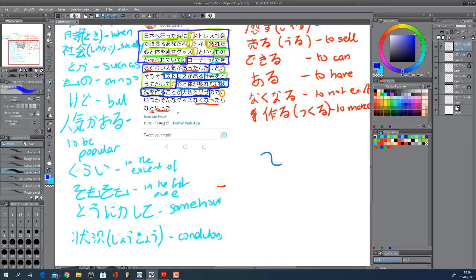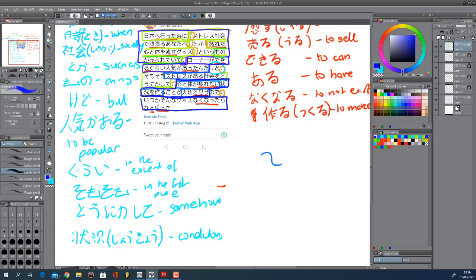So we have this final sentence here. いつかそんなぐずなくなったらなと思った. What is the important thing? We have the verbs. So that's why we can say this is a complete clause, because we have the tomo at the end, or tomotta, which is I thought. So that is a verb that's completing our sentence.